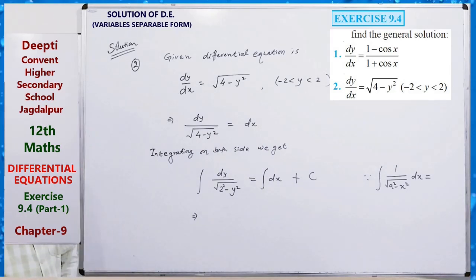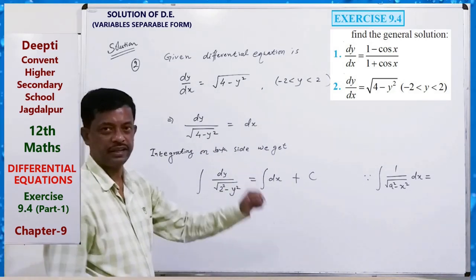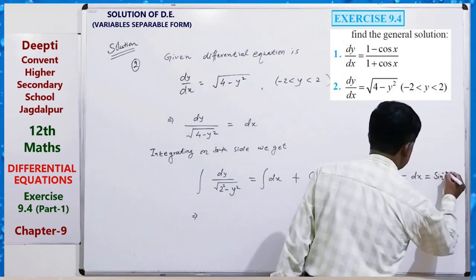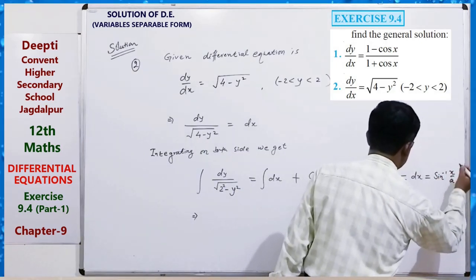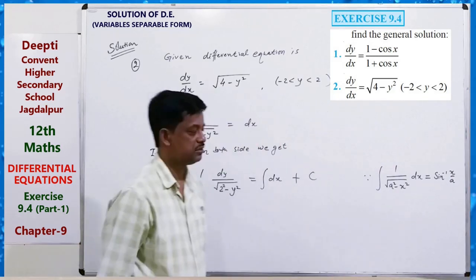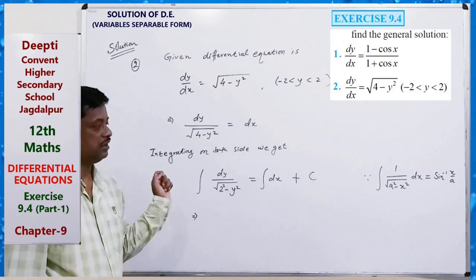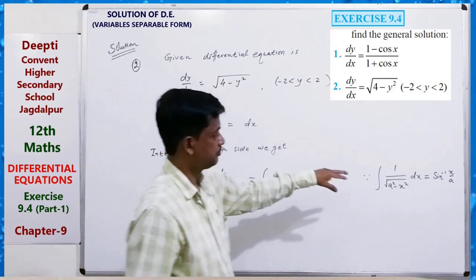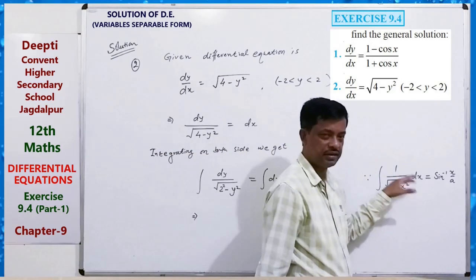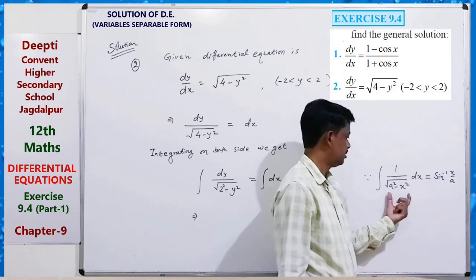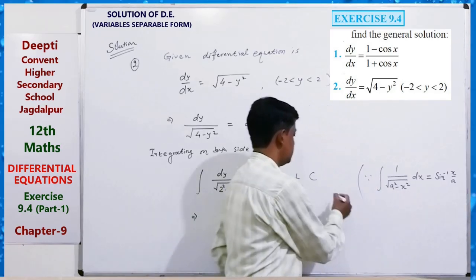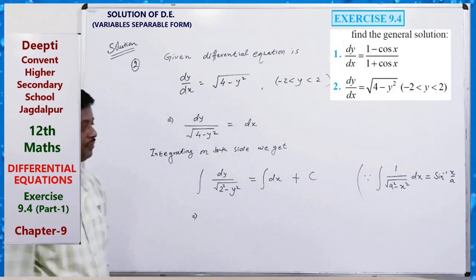Put x equal to a sin theta. So a comes out, 1 by a, and a sin theta gives a cos theta. So we can solve it. Clear? So this is our formula.